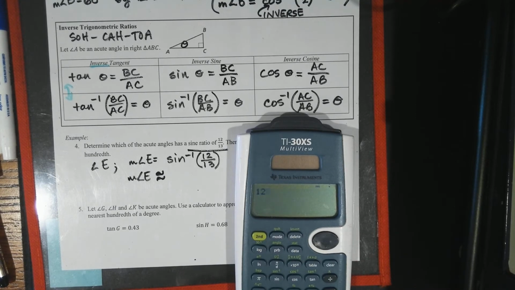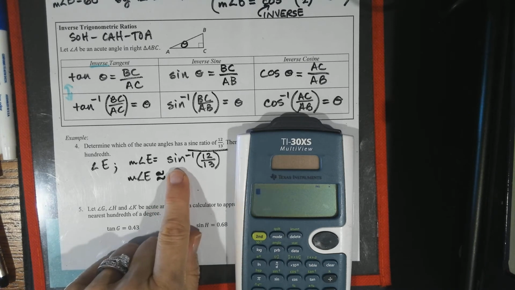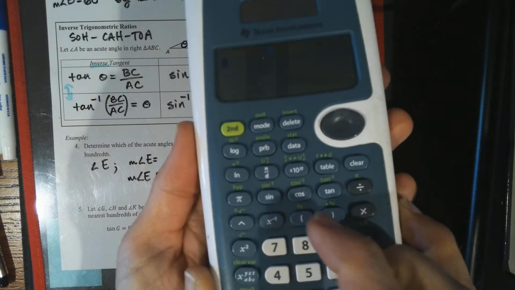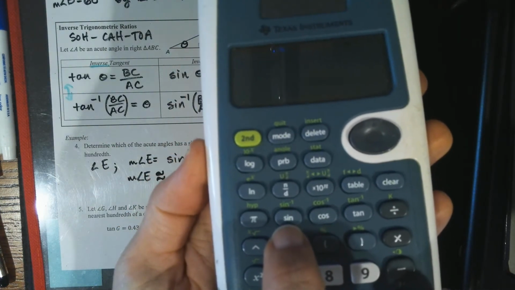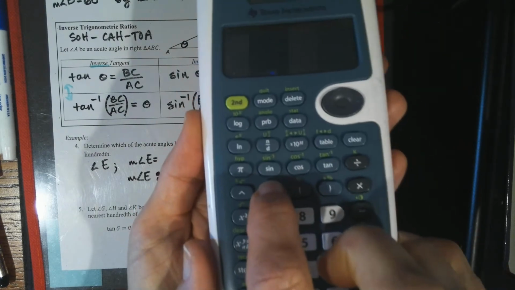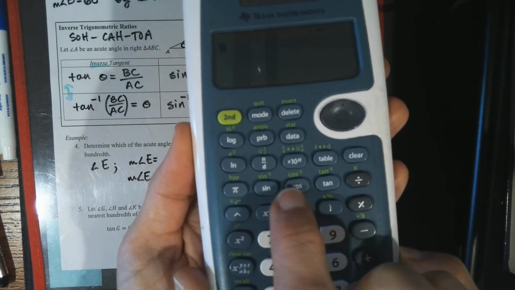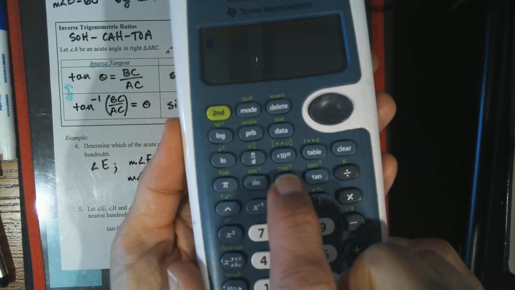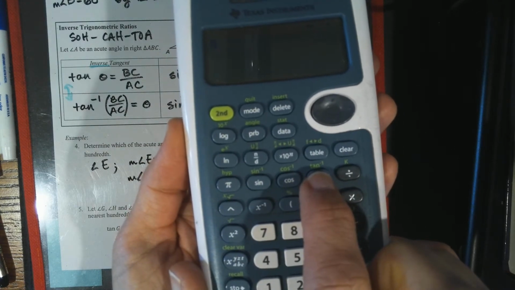If you have a TI, really any model of TI, what you're going to do is pick this function. On my TI, the sine function is right here, and right above it in green it has sine to the -1, cosine to the -1, tan to the -1.